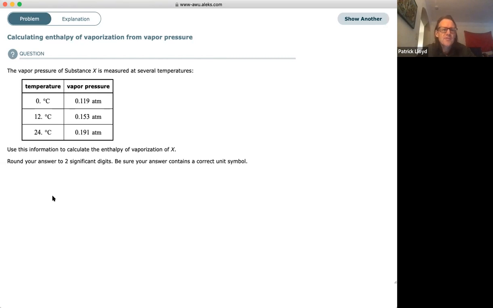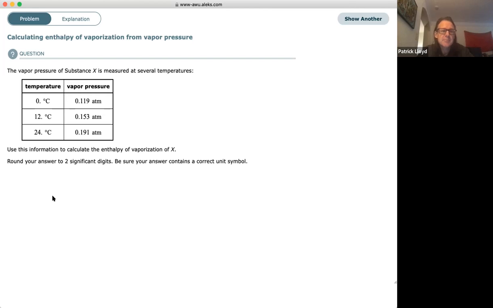So it says here, the vapor pressure of substance X is measured at several temperatures. The goal of this is we're going to calculate the enthalpy of vaporization from the vapor pressure. If the temperature is 0 degrees Celsius, the vapor pressure is 0.119 atmospheres.